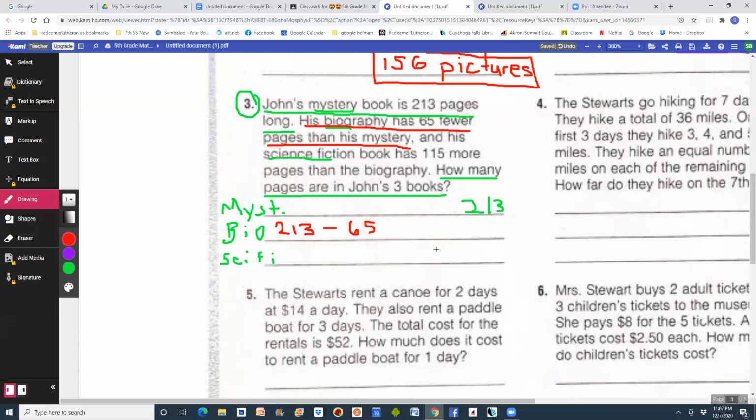So that means that the biography has 148 pages. Then we have to deal with the sci-fi book. Let's see, his science fiction book has 115 more pages than the biography. So let's start with the biography, 148.